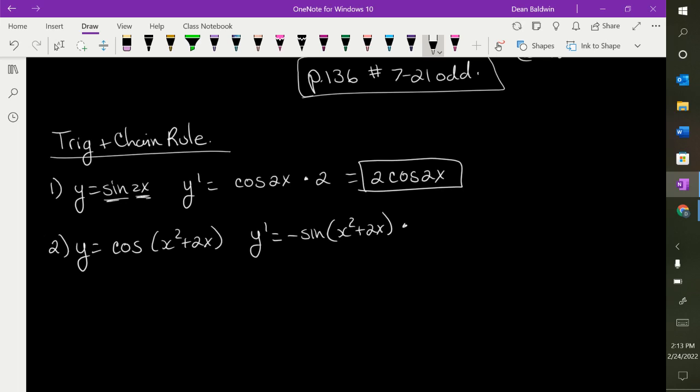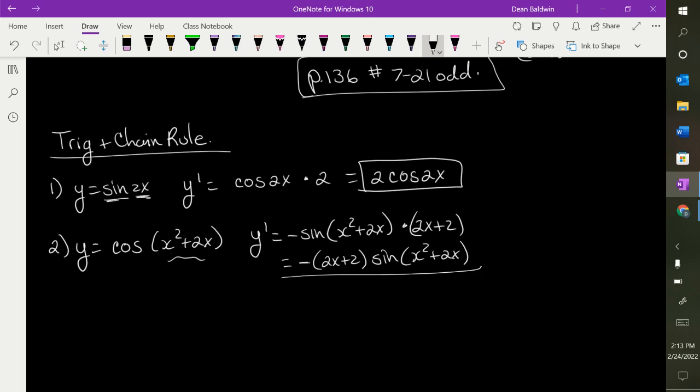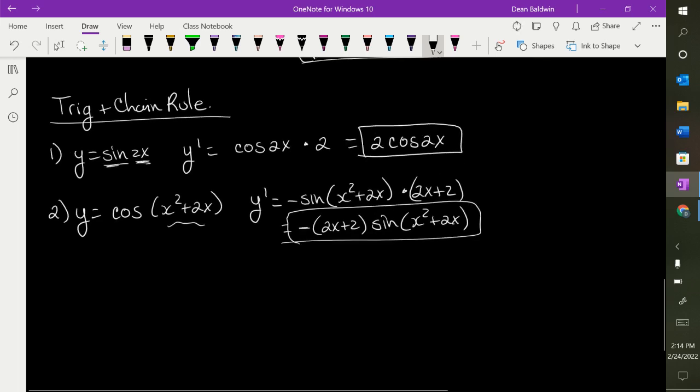So what's the derivative of x squared plus 2x? That is 2x plus 2. You can move the 2x plus 2 to the front if you really wanted to. So you get negative 2x plus 2 sine of x squared plus 2x. I mean, you could expand that, but it's not going to really make your life any easier right now. Okay.